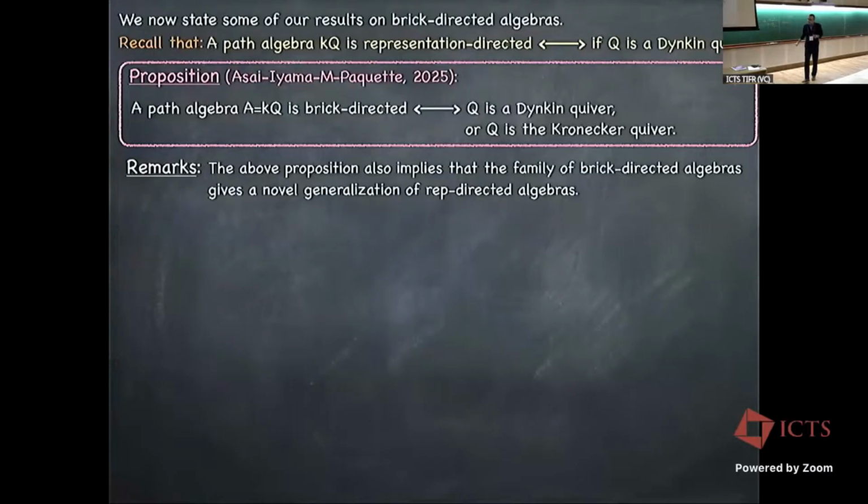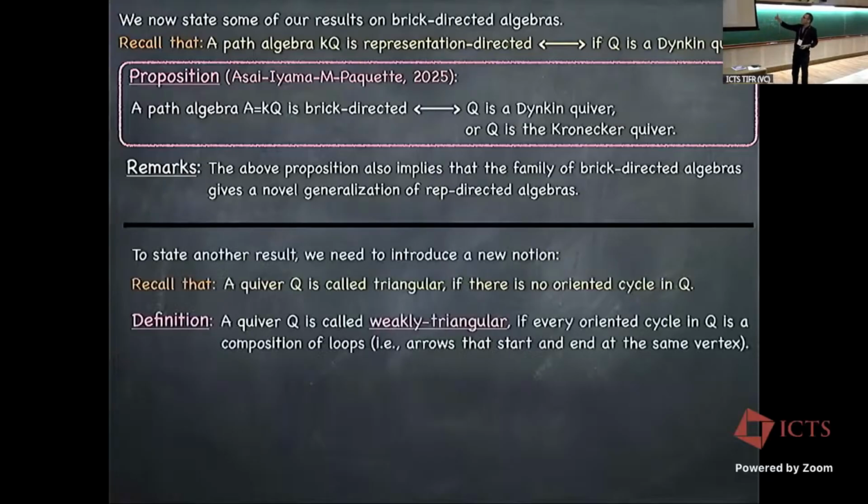Okay, so this is one gain that you have immediately. And this particularly implies that brick-directed algebras generalize representation-directed algebras. Because remember, representation-directed algebras were representation finite, but this example is even brick infinite, not only representation infinite, but brick infinite.